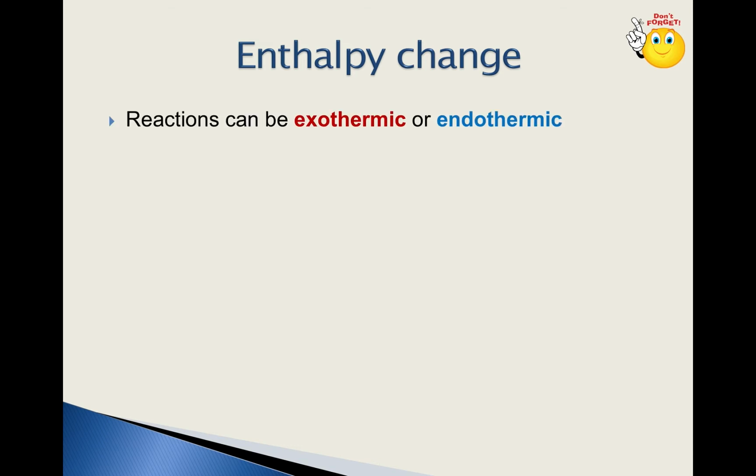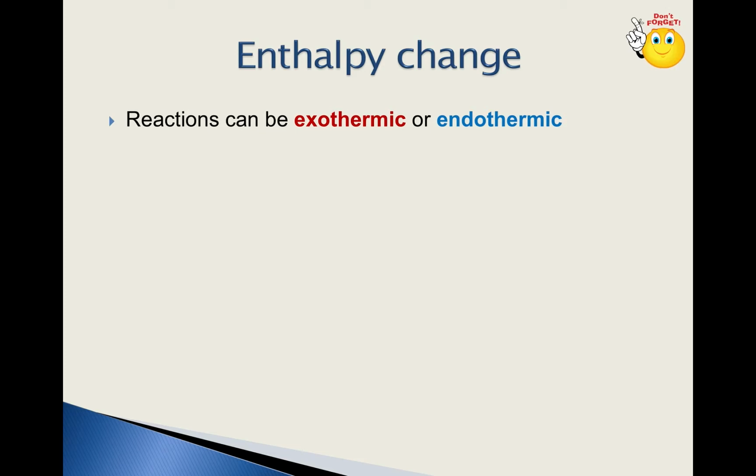Okay, moving on. So reactions, and certainly this is something I hope you've seen at GCSE, can be exothermic or endothermic. Exothermic means that heat energy is given out, and endothermic means that heat energy is taken in. So exo, giving out heat energy, and endothermic is taking in heat energy.